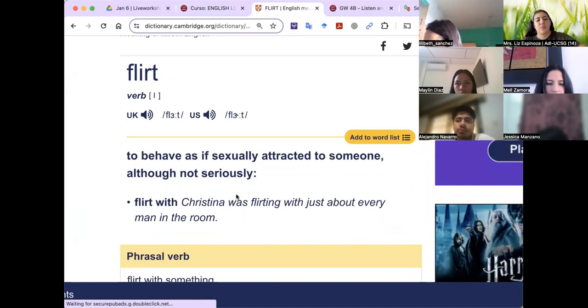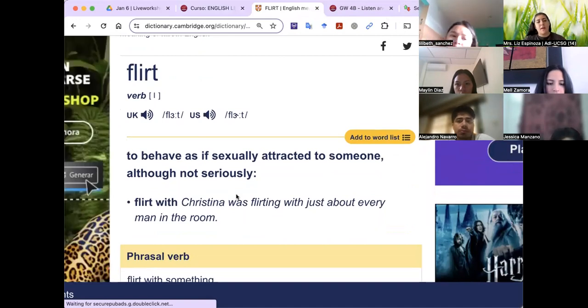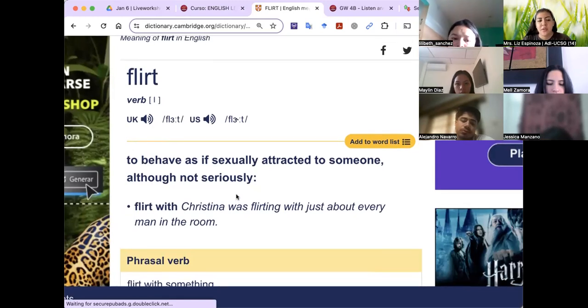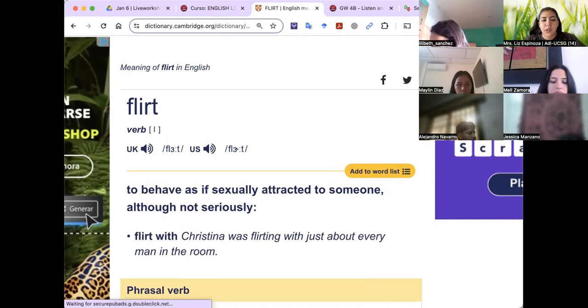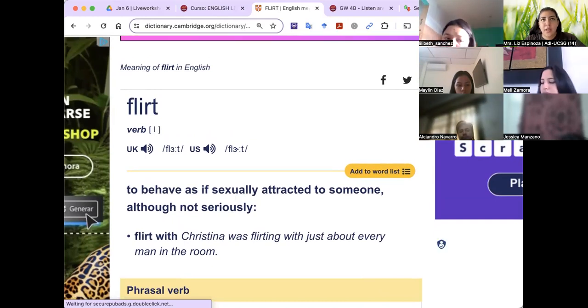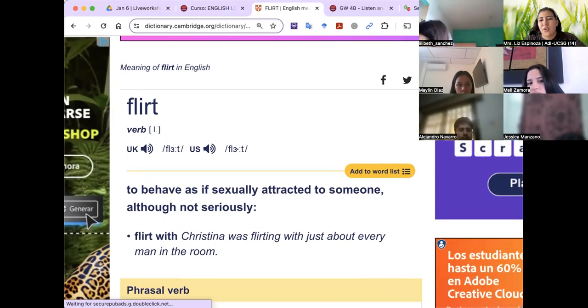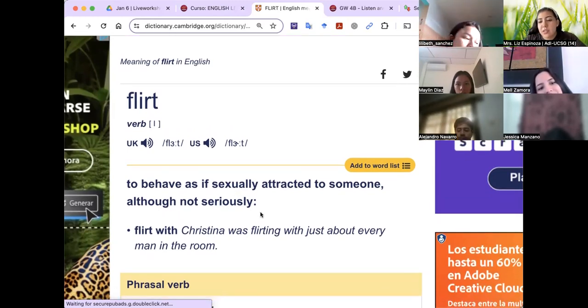Look, it says to behave as if sexually attracted to someone, although not seriously. Right? Sometimes when you flirt, it's like you start being flirtatious, and it says not seriously, but it calls your attention.